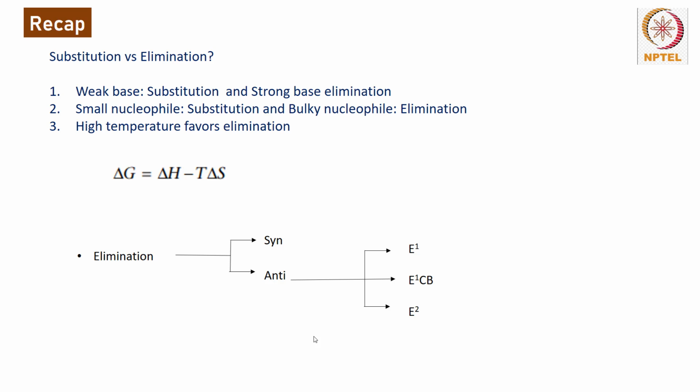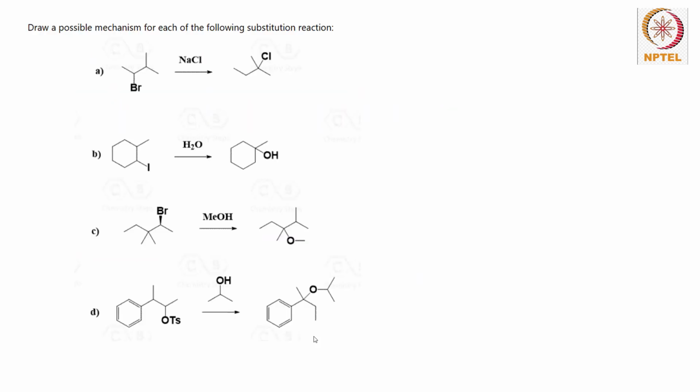Like if one substrate is given to you and the same type of reagent is given, how will you determine whether the substrate will undergo substitution or elimination? We discussed that also. Then I gave some problems.